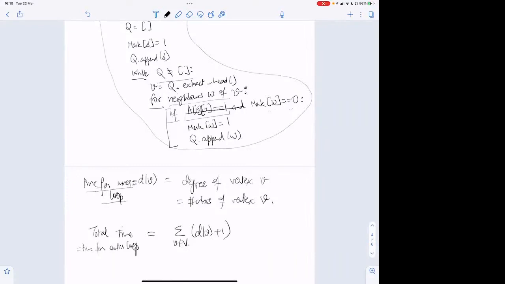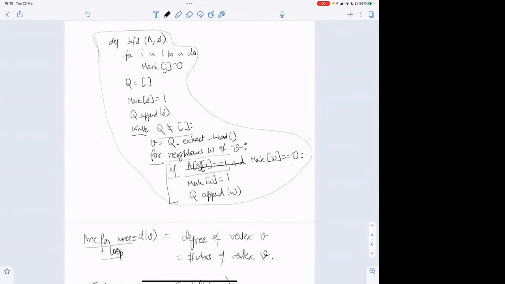The plus 1 is to take care of isolated vertices. You anyway have to spend at least constant time per vertex, if not for anything else, then to mark the vertices.